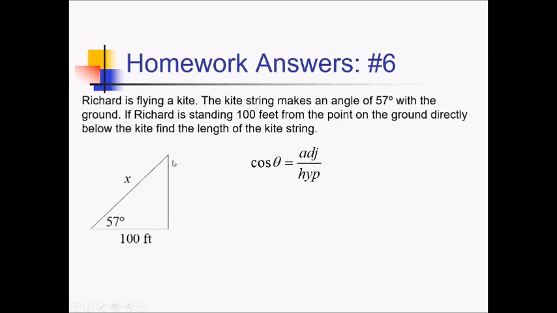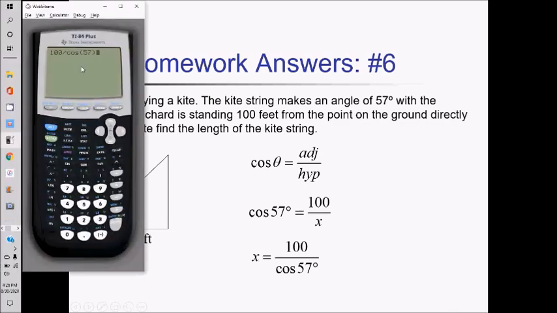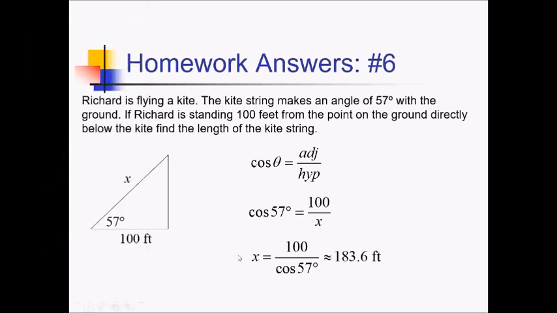So in this case, we have cosine of 57 degrees equaling the adjacent side of 100 over my hypotenuse of x. And then to actually get x, I have to multiply by x and divide by cosine of 57. So we have 100 over cosine of 57, and just plug that in the calculator. So doing 100 divided by cosine of 57, that gives us about 183.6, and that is going to be in feet. So that's how long that kite string is.